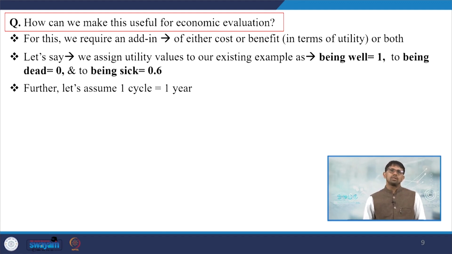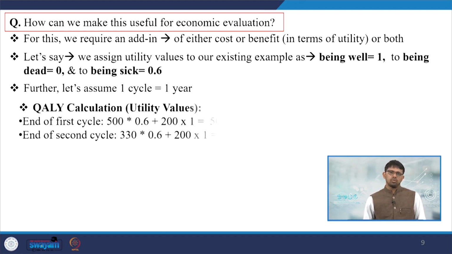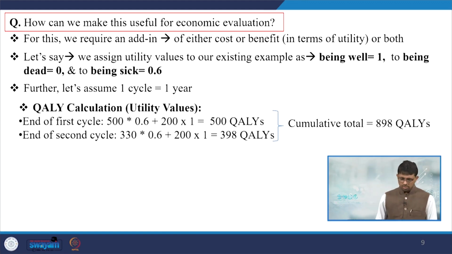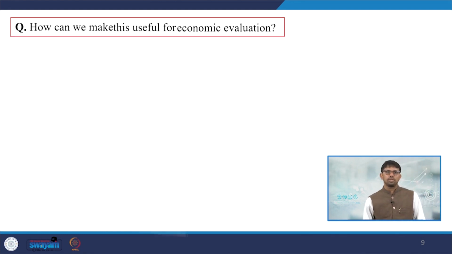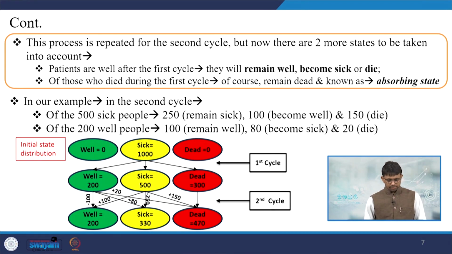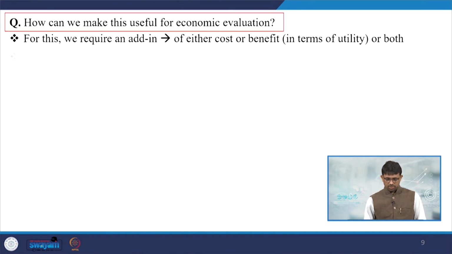Let us assume that the first cycle is one year, so we are supposed to calculate quality-adjusted life years. If you remember, at the end of the first cycle we had 500, 200 and 300 in our example, and we are going to use it further.